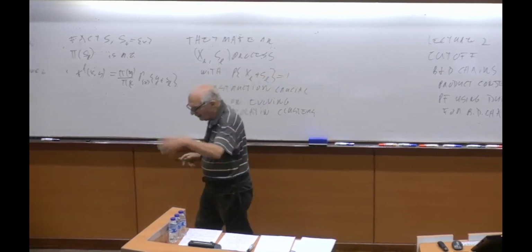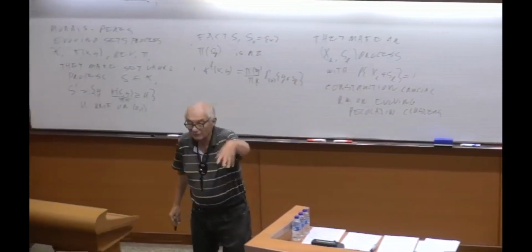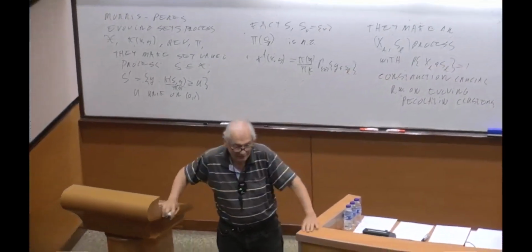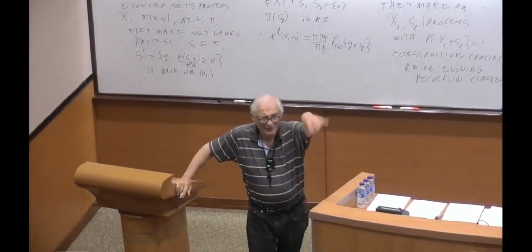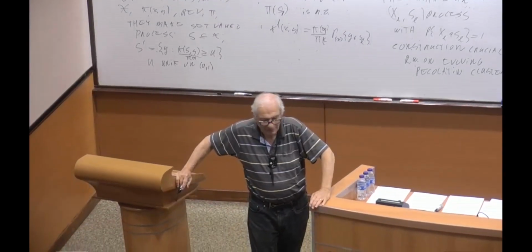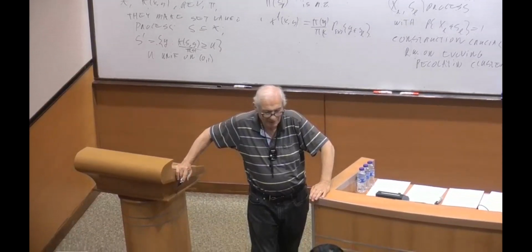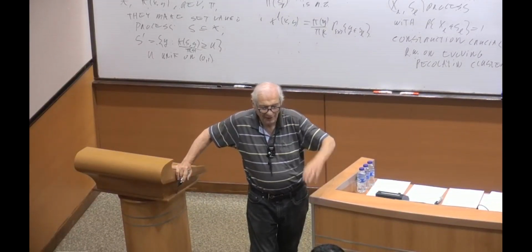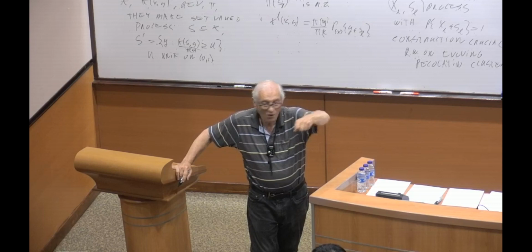So you take percolation, say, slightly above criticality on a lattice in Z^d. So you've got this random graph. You erase edges with probability p and leave them in with probability 1 minus p, and you do random walk on that.